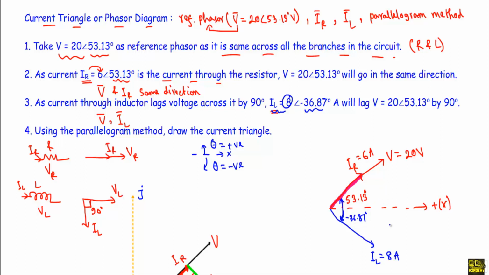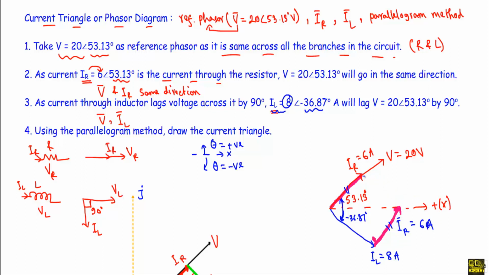Okay, now see, I can draw an equal vector from this point, and that equal vector will be in parallel with this IR. Let's say this is that equal vector. That means they will go in the same direction, the magnitude will be same, and they will be in parallel.